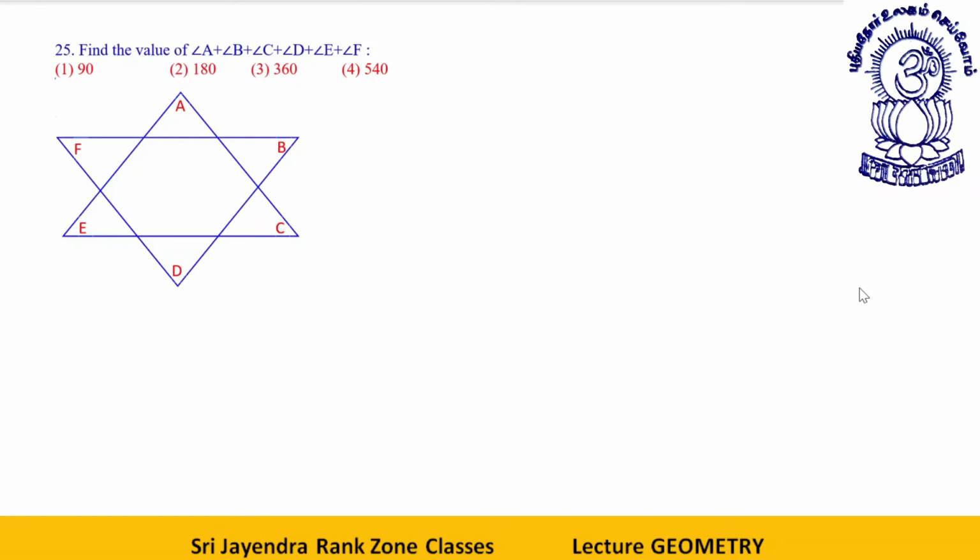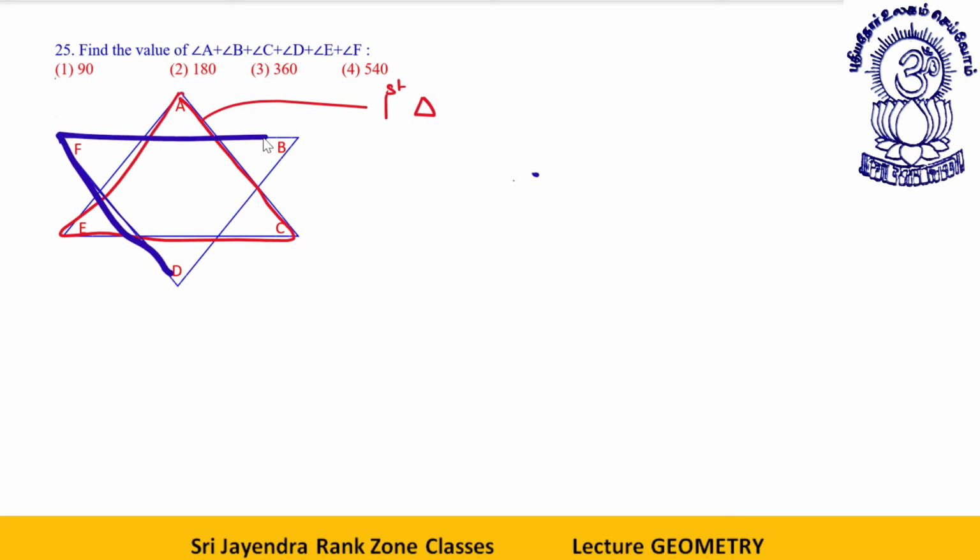Find the value of A, B, C, D. So, however complicated the figure may appear, the basic thing is, what is this? This is one triangle. And this is your second triangle.